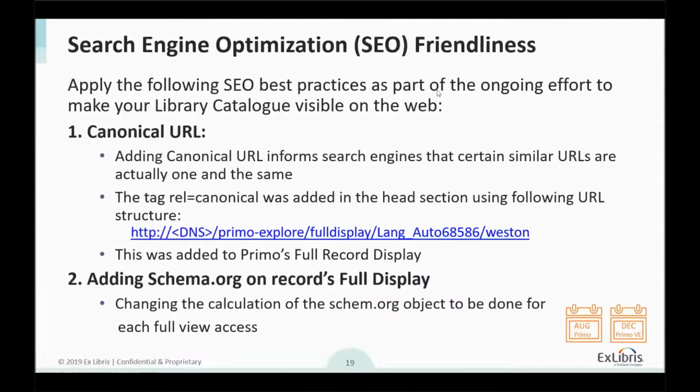Okay. More updates that I want to share with you. We have an ongoing project which we call search engine optimization friendliness, or in short, SEO friendliness. The idea is that we would like to help make your library catalog visible on the web if you choose to do that.